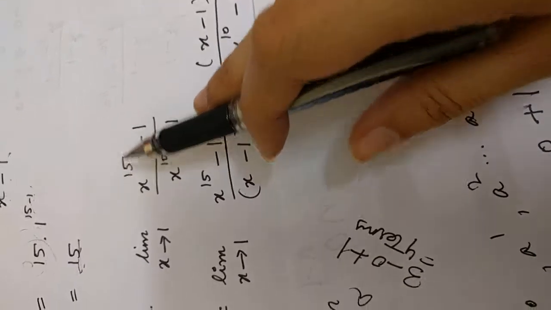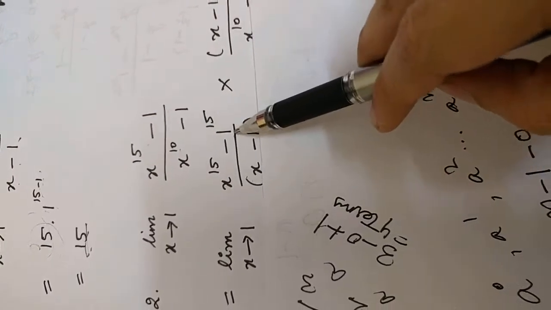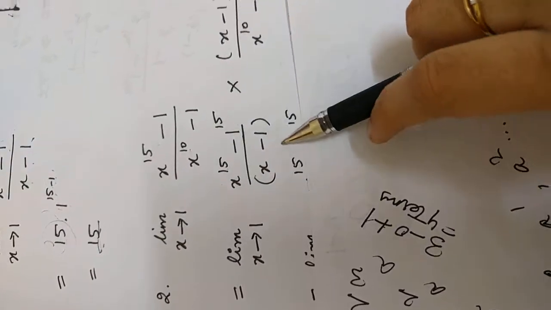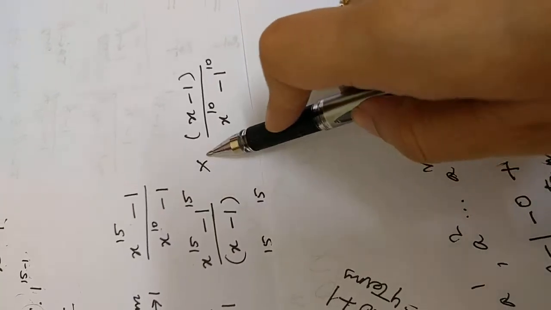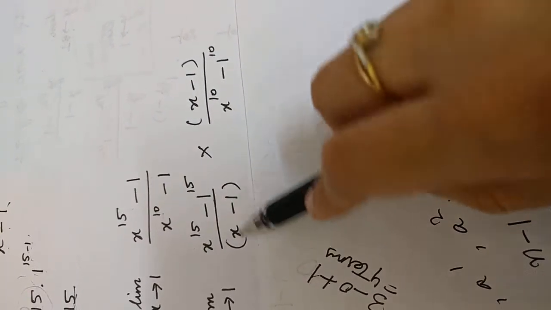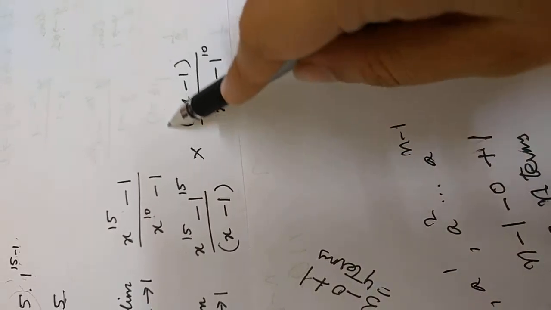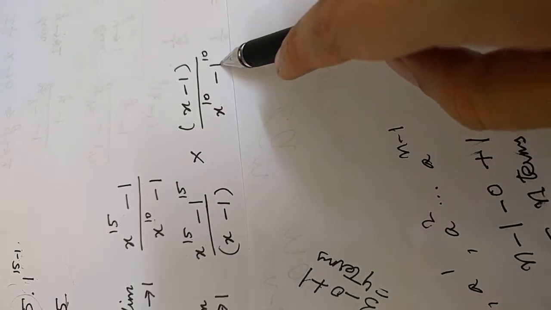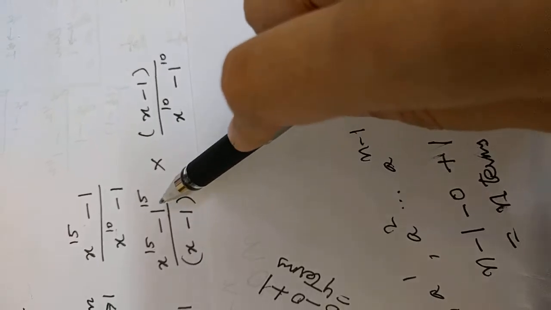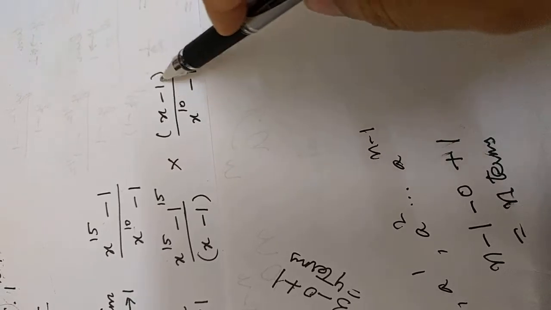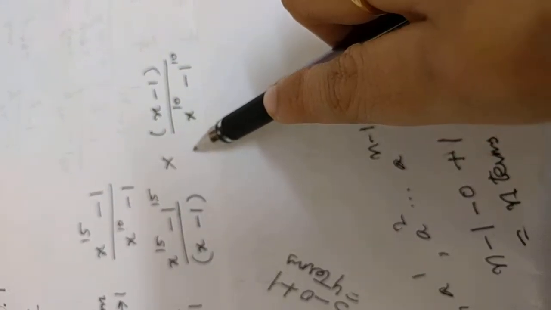So x to the power 15 minus 1 to the power 15 upon x minus 1, into x minus 1 and again x to the power 10 minus 1 to the power 10. This expression equals to this expression, simply we are multiplying both numerator and denominator with x minus 1. So this remains the same.